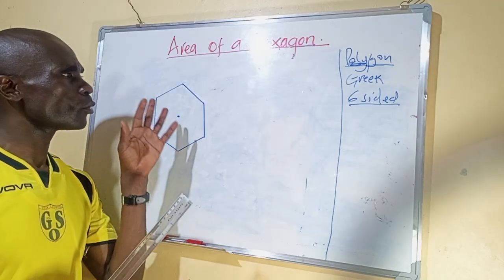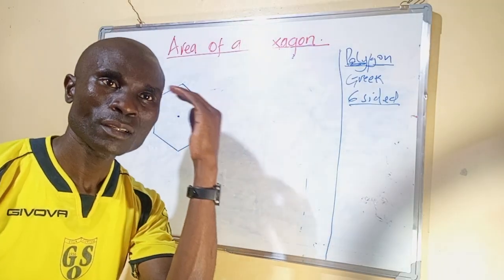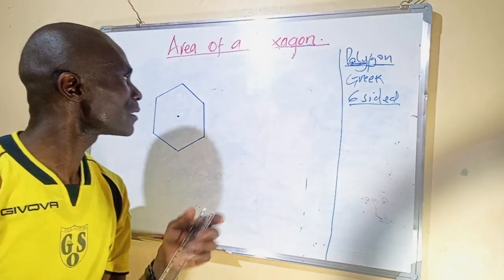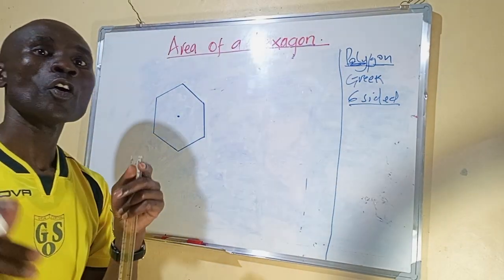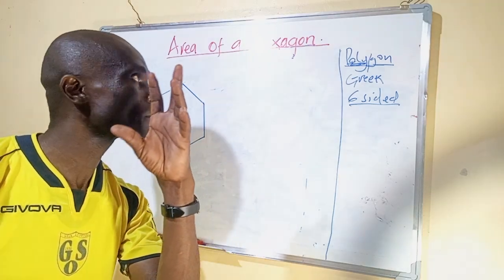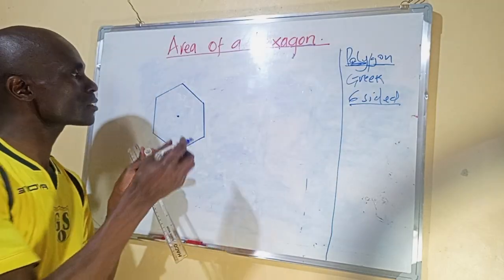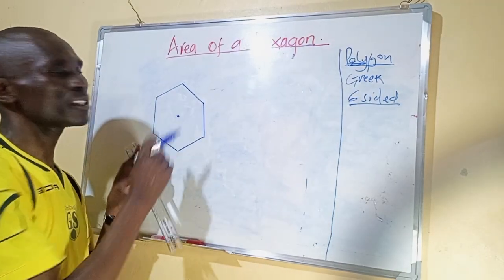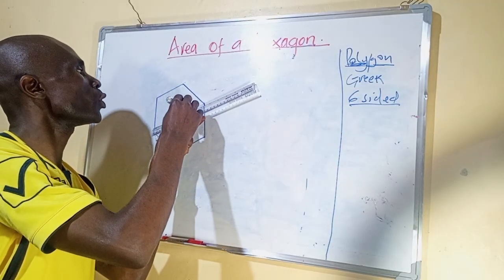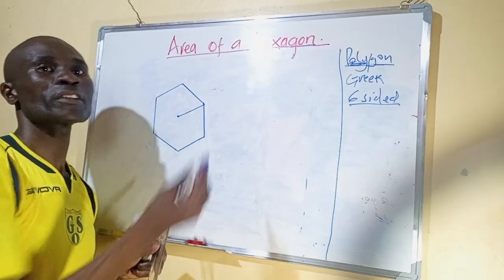One key aspect that you must always remember is that for a hexagon, all sides are equal, just like a pentagon. Though with a hexagon, even the distance from the center to the vertex will also be the same as the length of the sides.